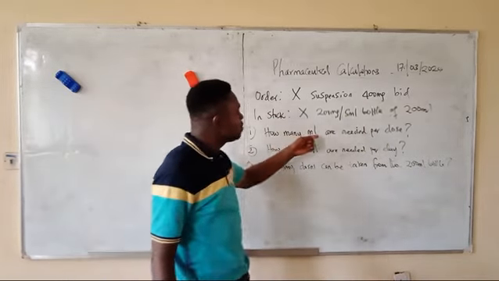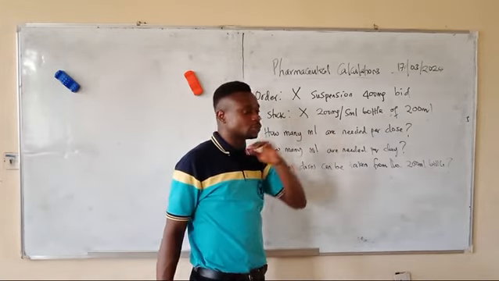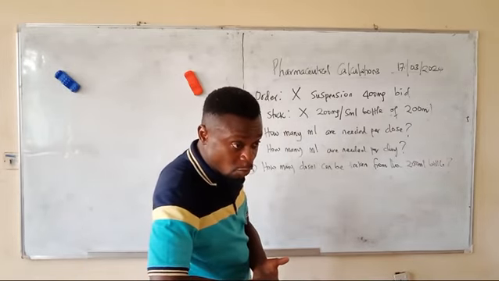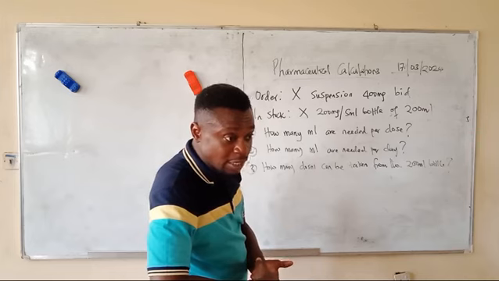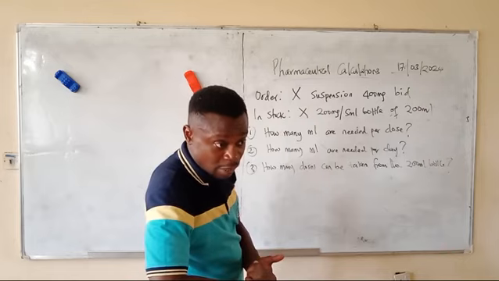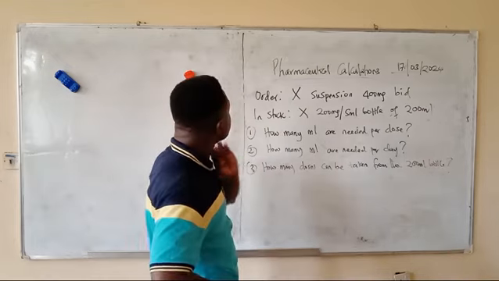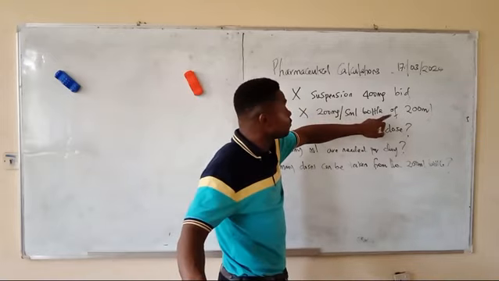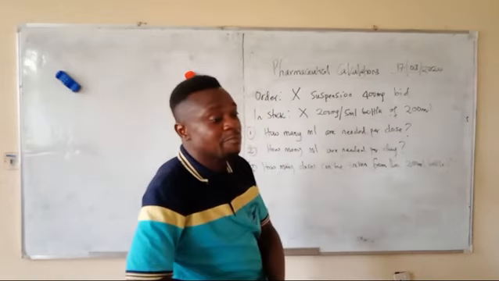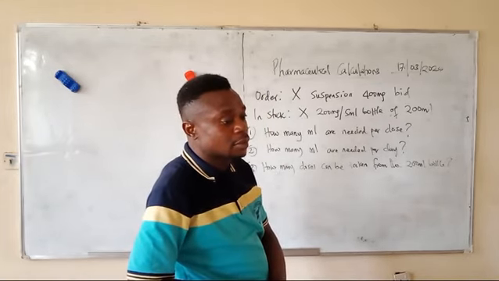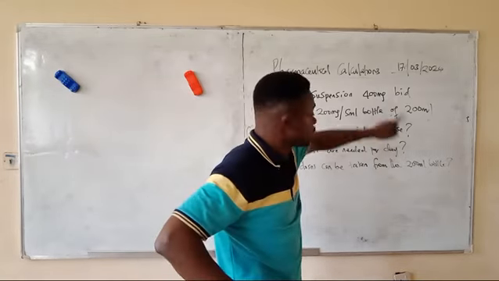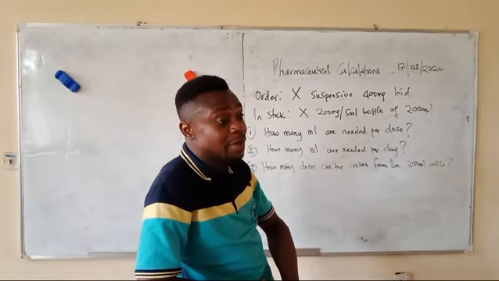Now, the question says, how many ml are needed per dose? For you to know what a dose means, of course you know, the amount of drug that will achieve a therapeutic purpose at a particular point in time, right? Now here, this suspension is given 400 milligram twice daily. So a dose of that suspension is how many milligrams? Look at this prescription.